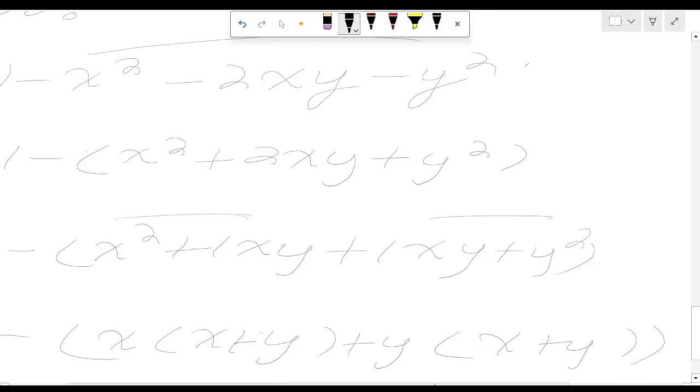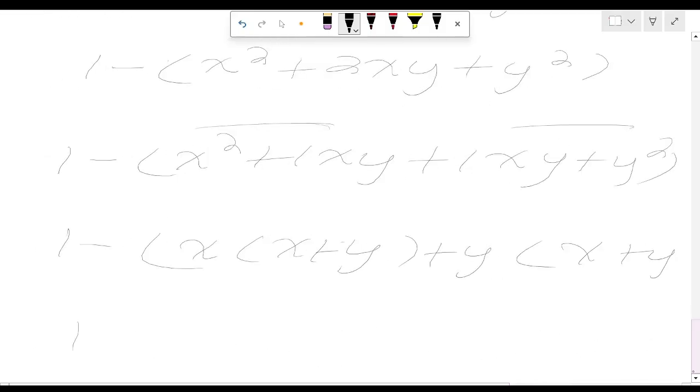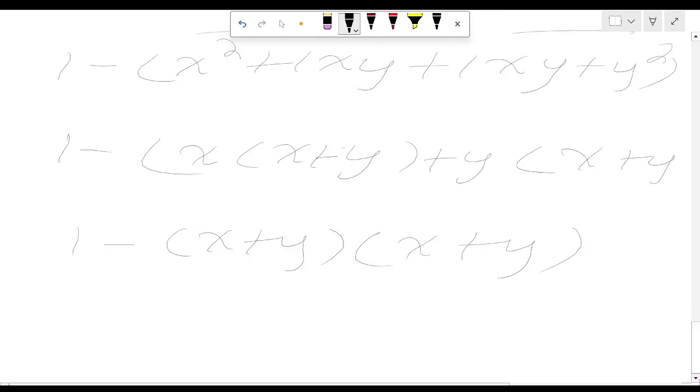Okay, after writing these, now we can just simplify this. So 1 will be subtracted from x plus y, and then 1 will again be subtracted from x plus y. So x plus y and x plus y can be written as x plus y whole square, and 1 can be written as 1 square.